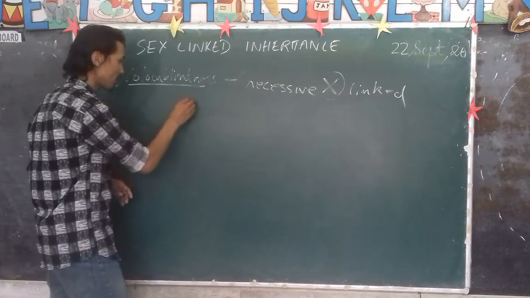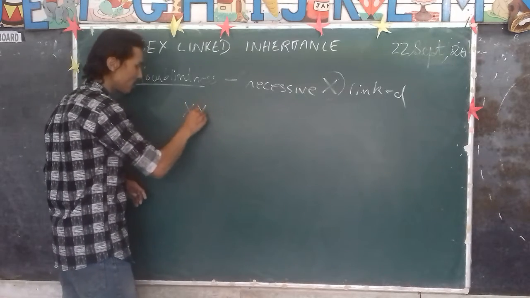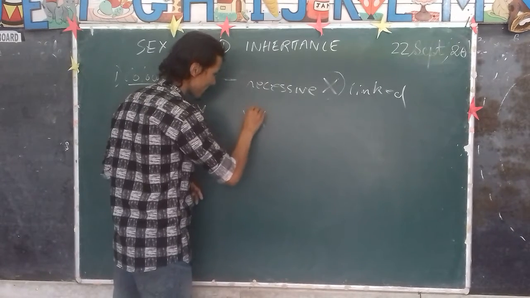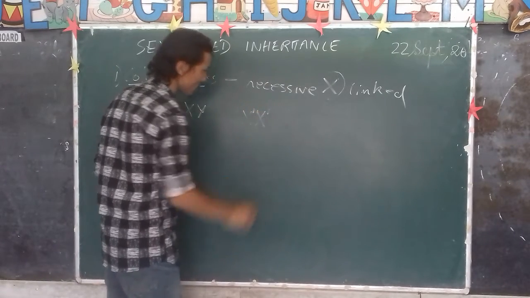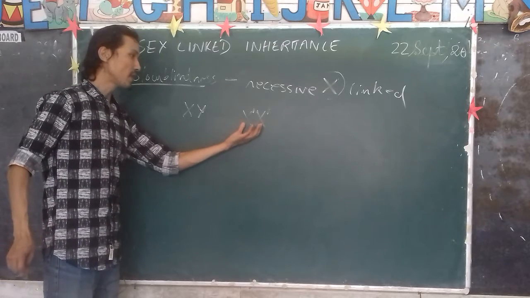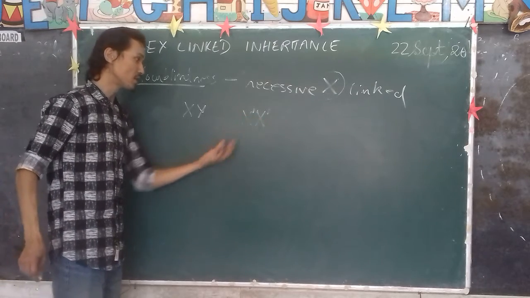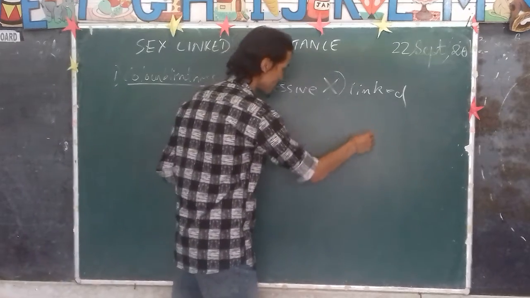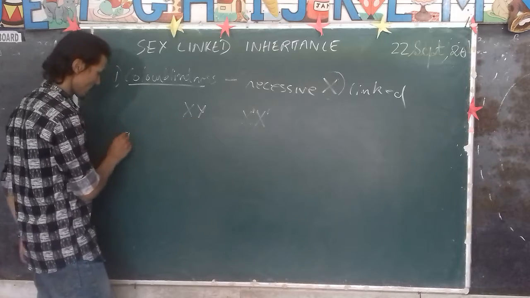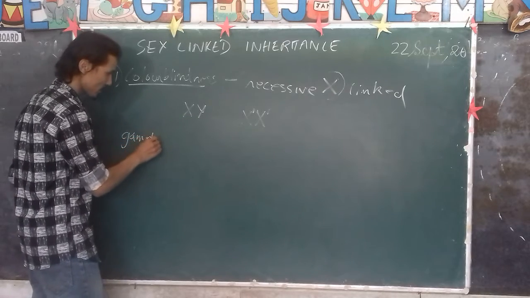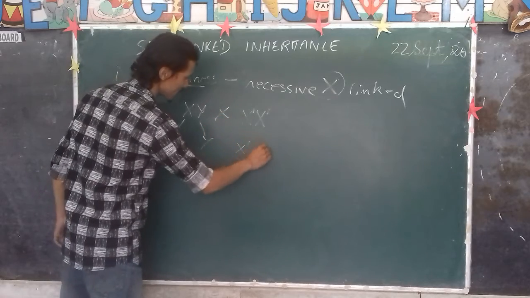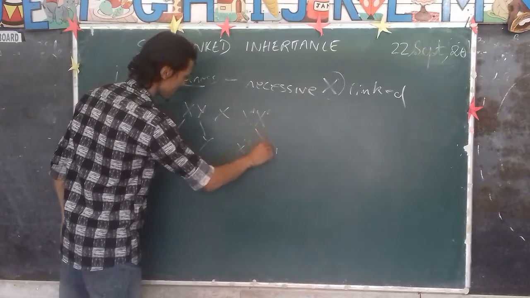That means if I cross a normal male with a recessive female, the female has recessive for both genes. I have characterized the recessive by giving a small apostrophe like symbol. So what happens is the gametes are X, Y, X, X.